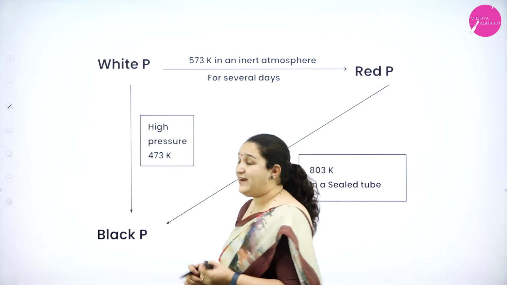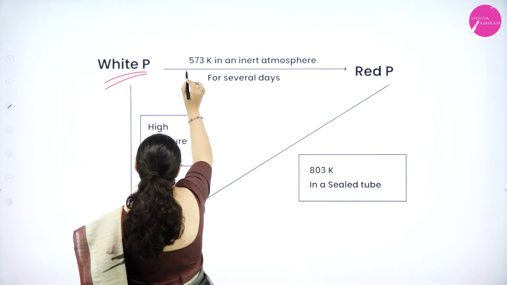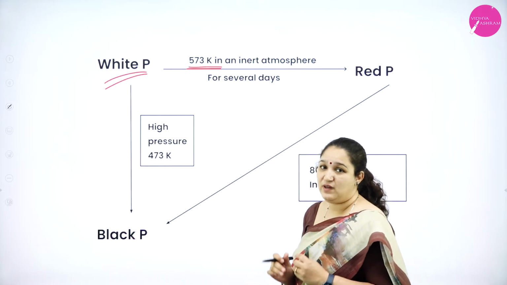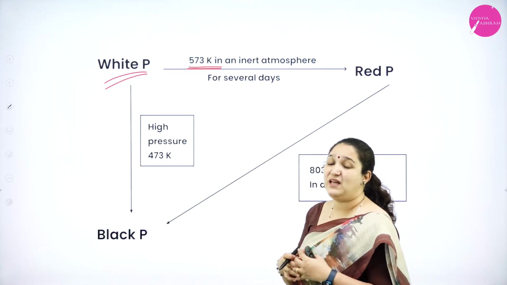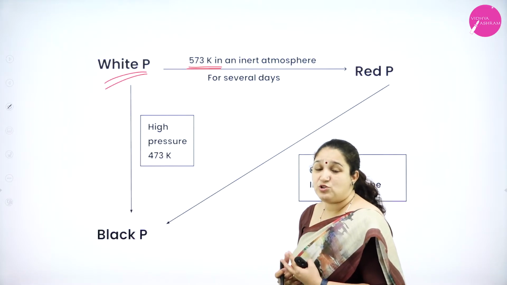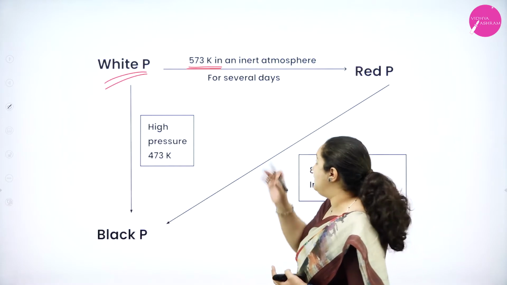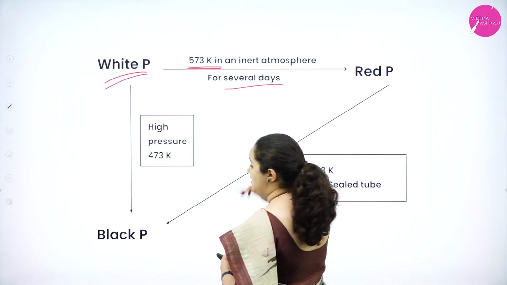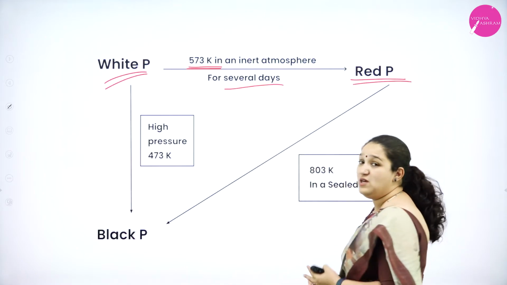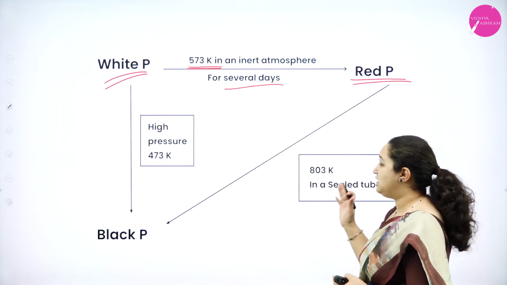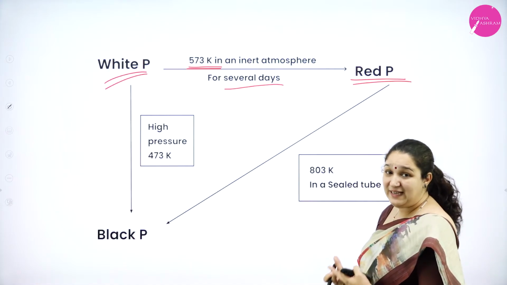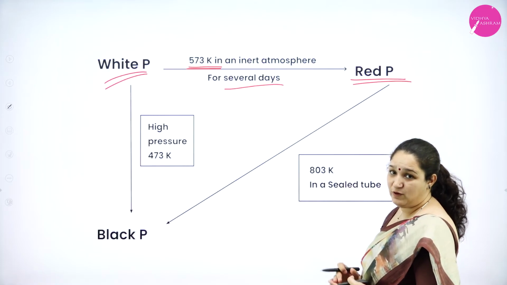If white phosphorus is heated at 573 Kelvin in an inert atmosphere, which means there should not be any other gas like oxygen, nitrogen, etc., for several days, it gets converted to red phosphorus.